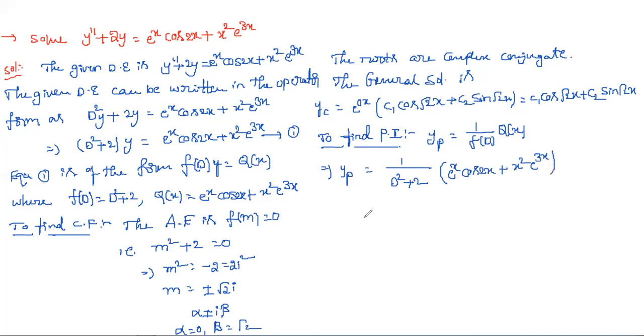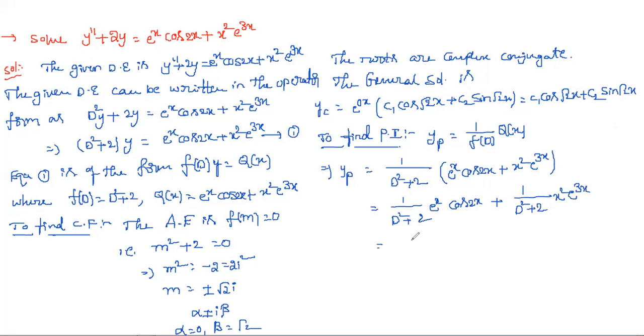Now you can multiply this one in for the terms. Then what do we get? 1 by D square plus 2 into e power x cos 2x plus 1 by D square plus 2 x square e power 3x.